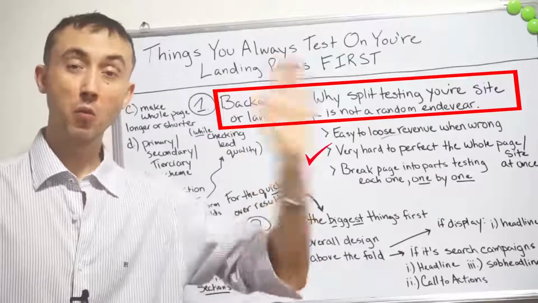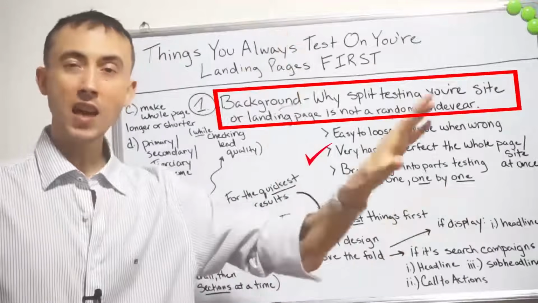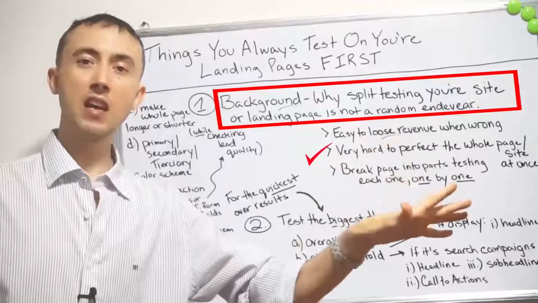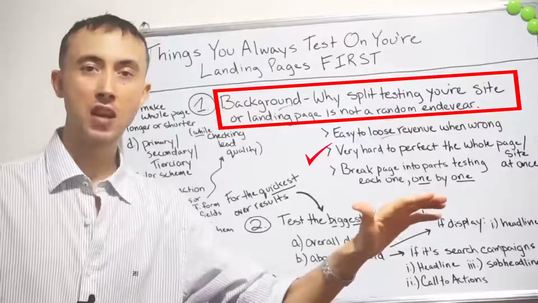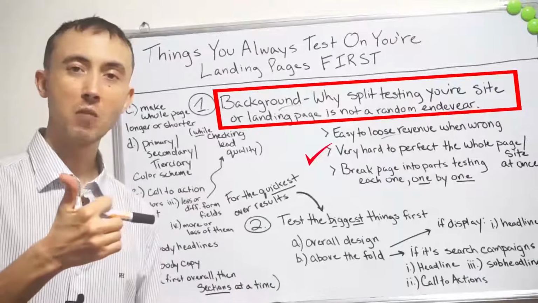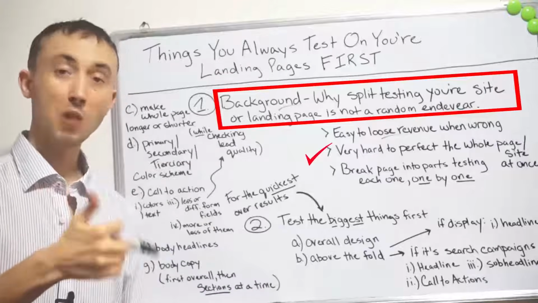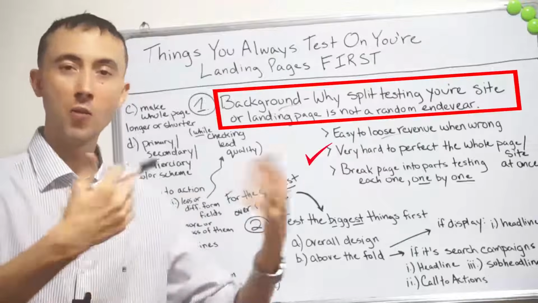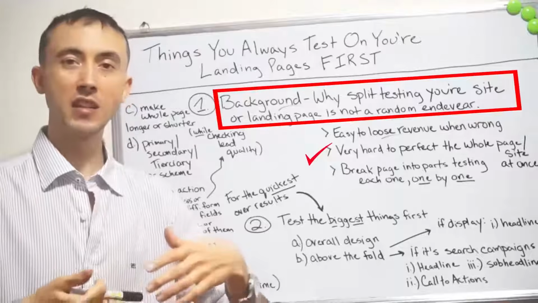Take a page. If it works better, test individual components on that page to get the full benefit out of that page. You're not going to take a risk of going backwards with that, majorly. And if you're going to go through the effort of doing it, might as well get the extra.